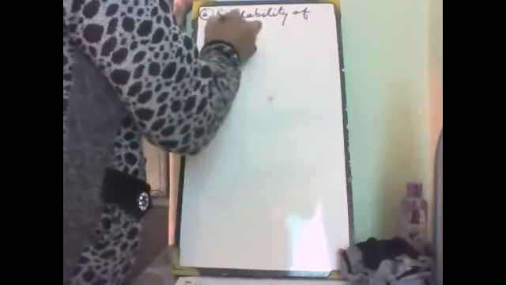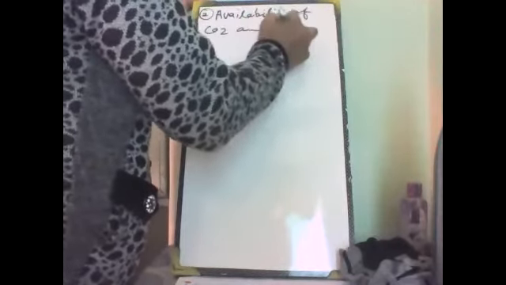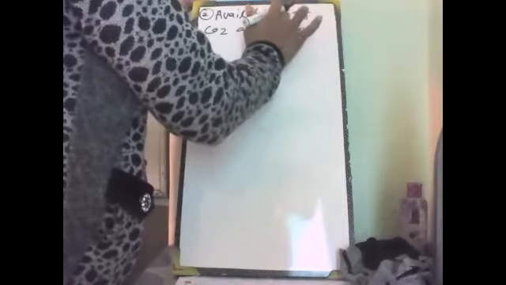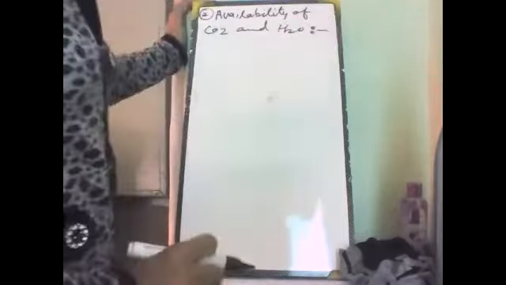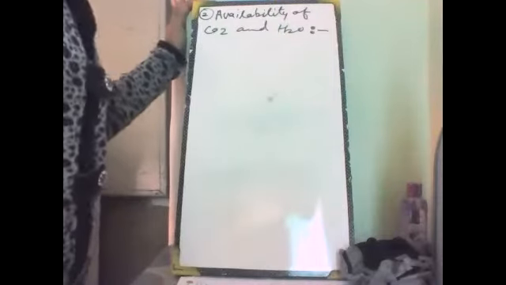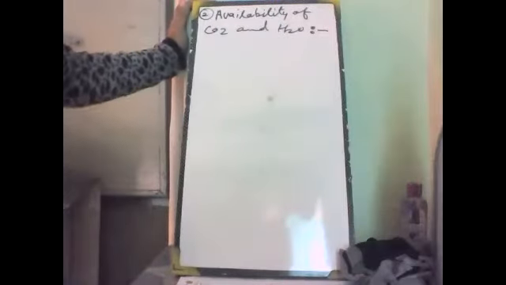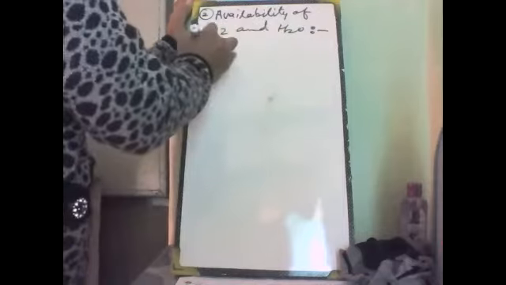Availability of carbon dioxide and water. Same case here. The rate of photosynthesis increases with increase in the concentration of carbon dioxide.